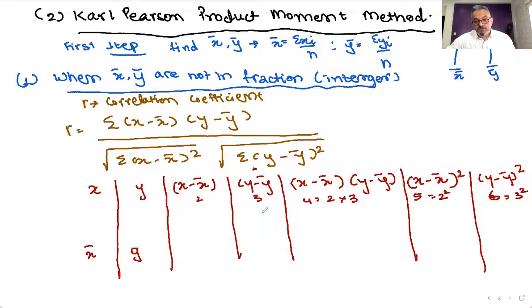So you will have 1, 2, 3, 4, 5. So there will be basically 5 extra columns you have to make. Please write the formula, the first formula of statistics for 11th standard.